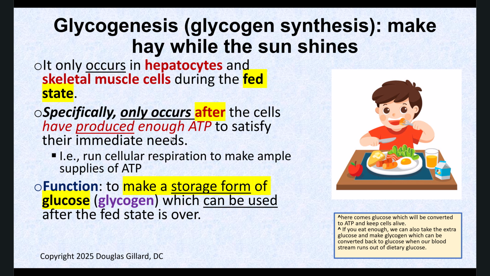So maybe that'll take an hour or so. But after that, once all the cellular processes in the hepatocytes are happy and they've been fed, we still have a couple hours of glucose coming in. So what are we going to do with that? Well, hepatocytes will take that and make glycogen from it. See how that works?